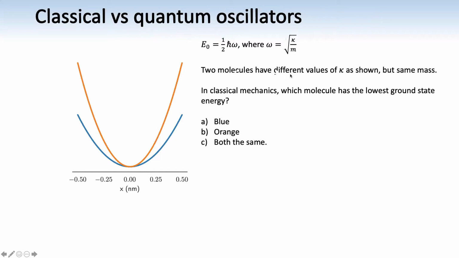Two molecules have different values of kappa, as shown. So these are the potentials, 1/2 kappa x squared for two different kappas. In classical mechanics, which molecule has the lowest ground state energy?